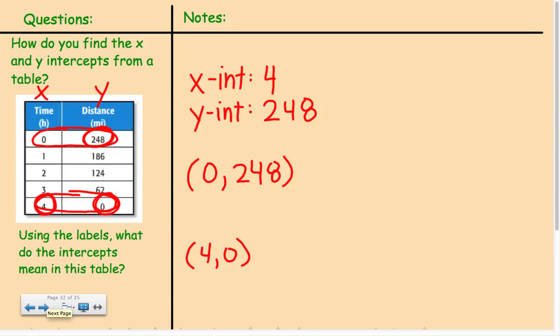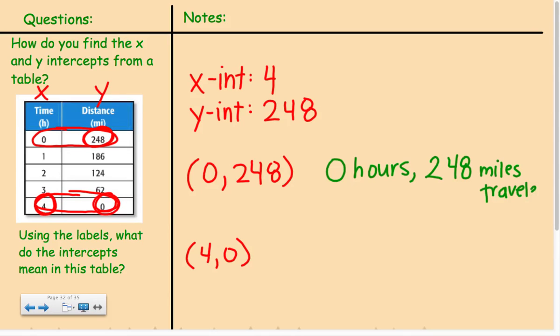So what that means, after 0 hours, someone must have traveled 248 miles. Obviously we can't after 0 hours travel that many miles, so that must mean how many we have left to travel.